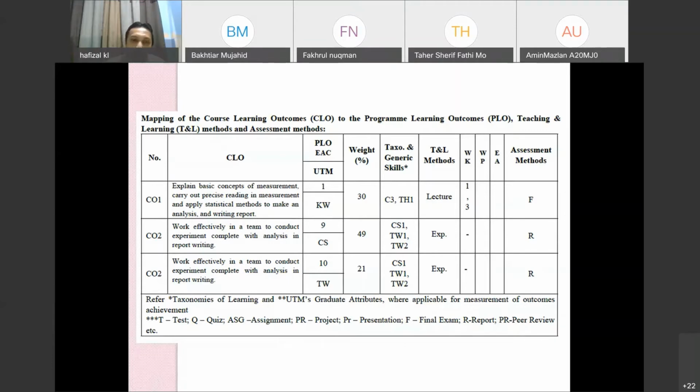But in this lab report, we will look at the writing style in which you deliver. So this CO2 we will do from the lab report, and CO1 is basically from the lecture.